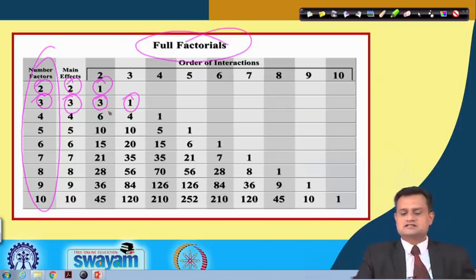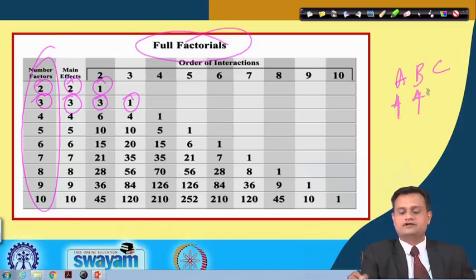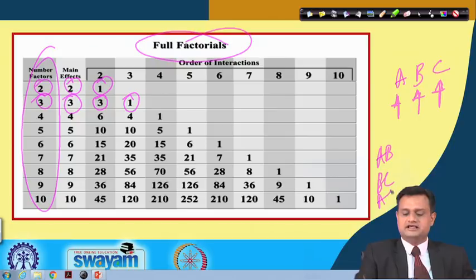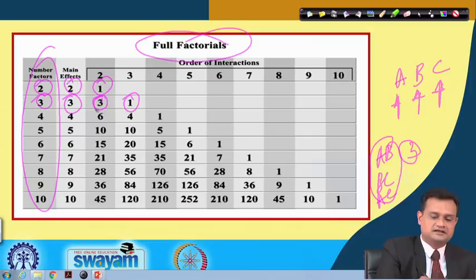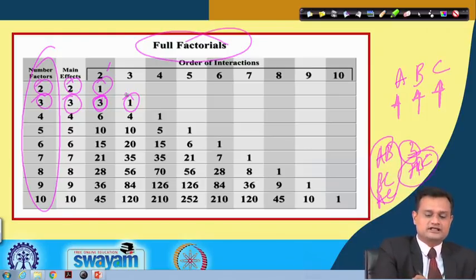Very simple. Suppose A, B and C are the 3 factors. I will have the effect of factor A, factor B, and factor C. I can have the interaction effects AB, BC and AC, so this is 3 two-factor interaction effects, and obviously ABC is the only three-factor interaction, so that is 1.